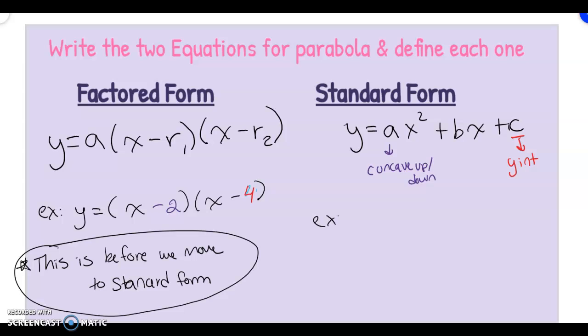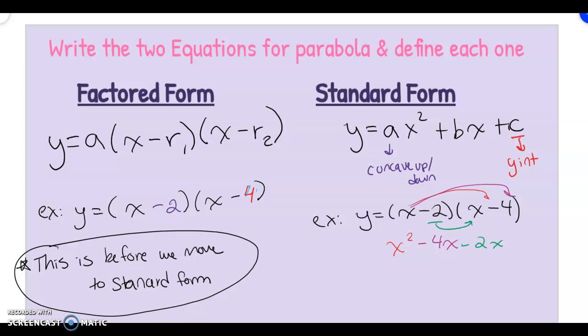So if I was actually going to solve out this y equals x minus 2, x minus 4, if I distributed, I would get x squared, or sorry, FOILed, or distributed, minus 4x, negative 2x, and then I would have a plus 8.